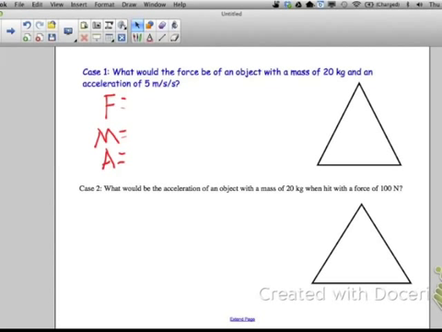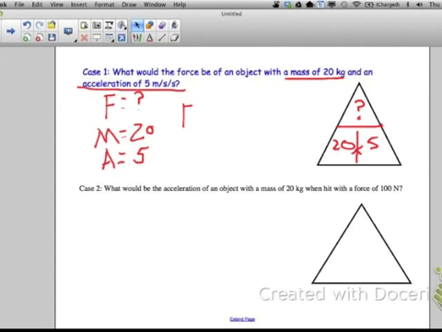We have a mass of 20 kilograms, so that goes here, and an acceleration of 5 meters per second squared. Do I have my force? Nope, so I'm trying to figure that out. I don't know what this is, but I do know my mass is 20 and my acceleration is 5. Since they're going across, I multiply.